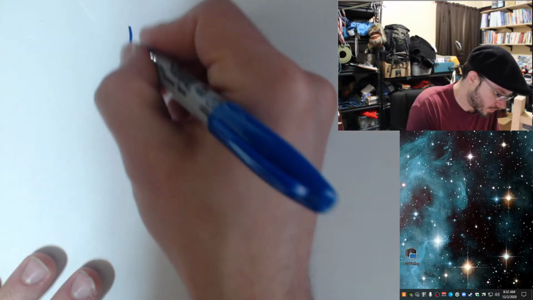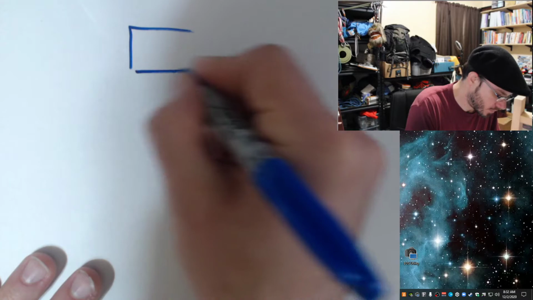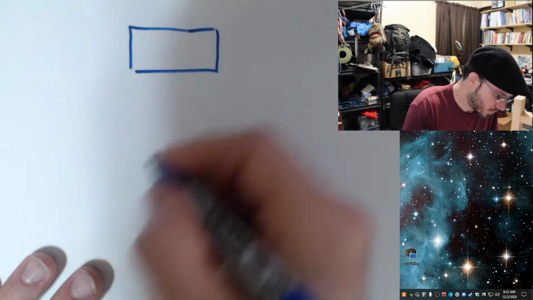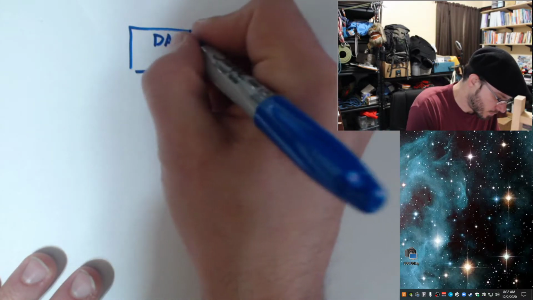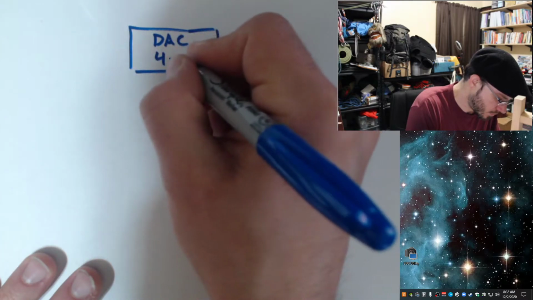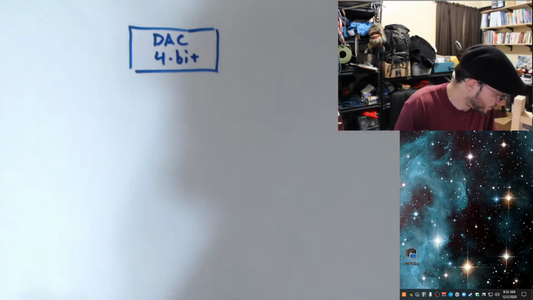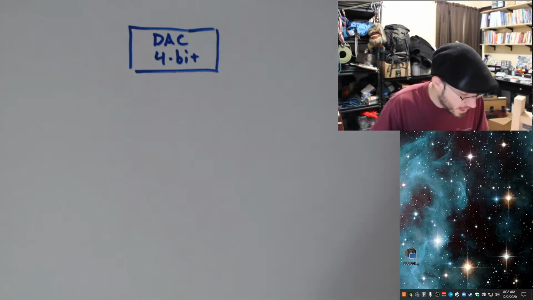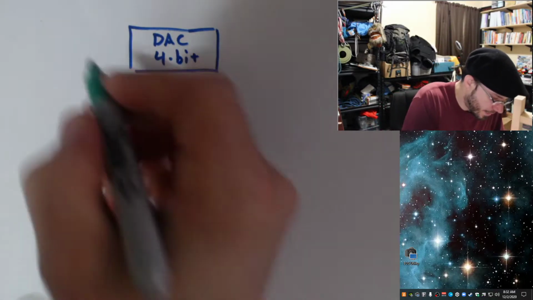So let's give ourselves a 4-bit DAC. Now, if it's 4 bits, that means we have 4 wires coming into this guy.